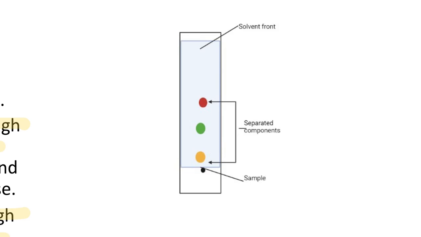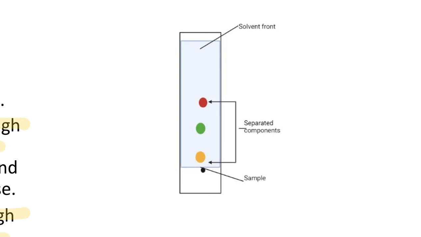The red one, in the same amount of time, because that's kind of important, this particular picture is a point in time where they've all spent the same amount of time in the mobile phase or going through the stationary phase. This red one has moved the furthest, which means that it's going at the fastest speed. And so therefore, this red one has the lowest affinity to the stationary phase.